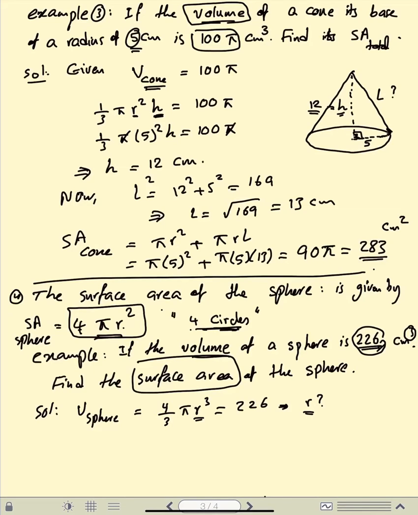So we cross multiply: 226 times 3 divided by 4 pi. You will get 53.9 for r cubed. Let me write r at the end to not confuse you. So from here, r cubed is equal to 53.9 to 3 significant figures.